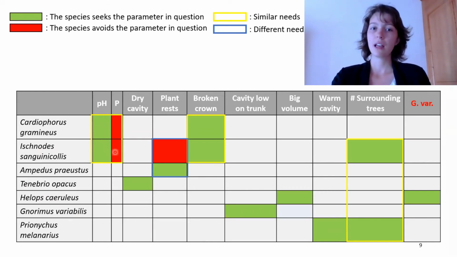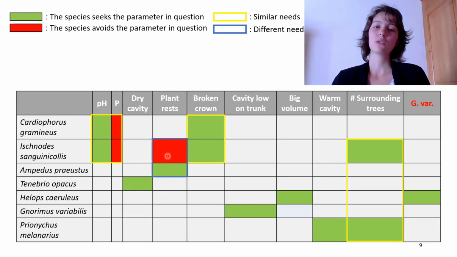However, some species have opposite needs. Thus, Ampidus praeustus seeks cavities containing plant rests, while Ichnodes sanguinicolis avoids them. I would like here to emphasize that these results are, as far as I know, entirely new. Indeed, I couldn't find them mentioned in any existing literature.